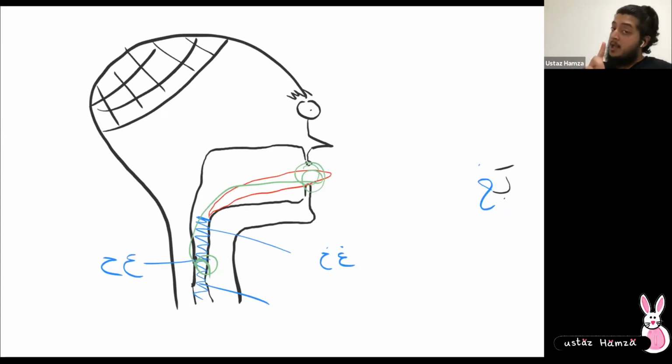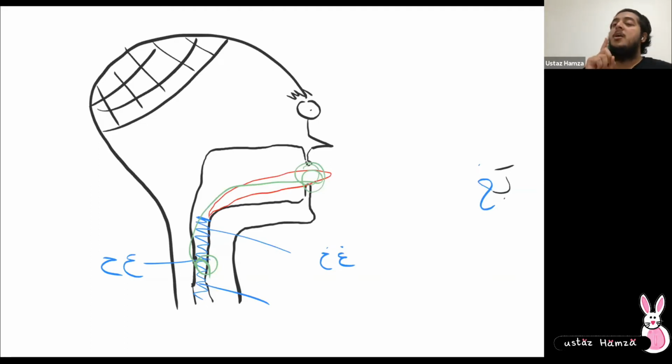Now, if you're not pronouncing ain properly, in the chat someone is saying that they need to fix their ain. Okay, my bad, I have a problem with ain. Now, if you have a problem with ain, it is possibly because you're not stopping it in the middle of your throat.